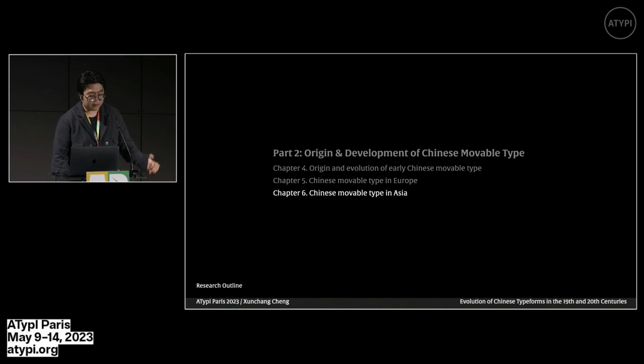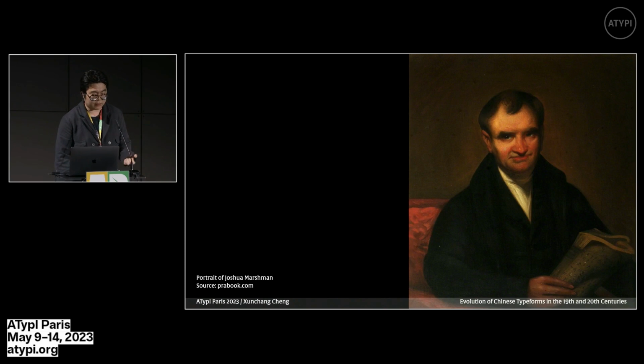And in chapter 6, I will briefly introduce Chinese movable type by missionaries in Asia. Not only European sinologists and typefounders in Europe in the 18th and 19th centuries, but also a lot of missionaries who traveled to Asia in the 19th century produced many Chinese fonts.